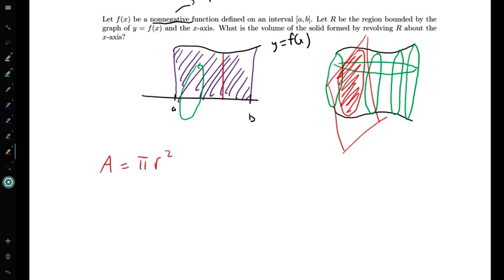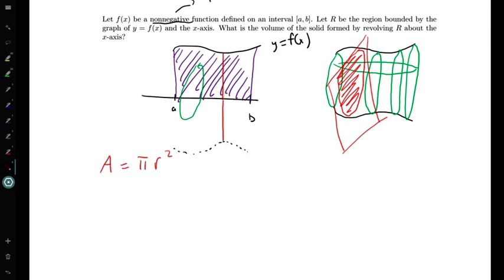The full circle actually goes down below the axis as well because we've rotated this thing, and so we have a mirror image of f of x sitting down here. So the radius of this circle then is half of this red line, or in other words, it's really just the top of this red line here.